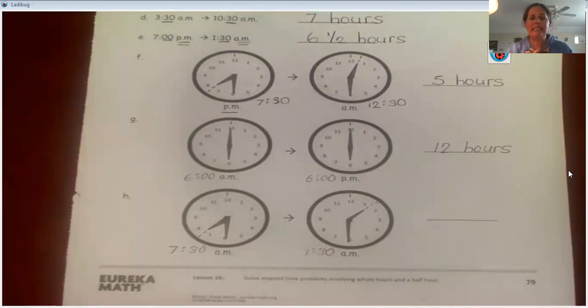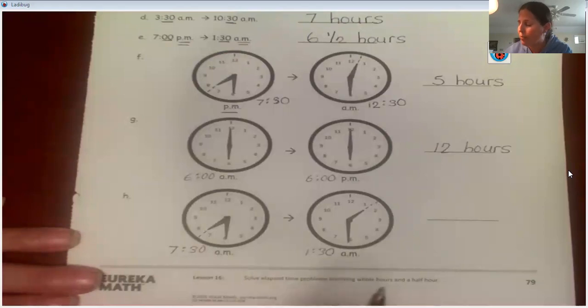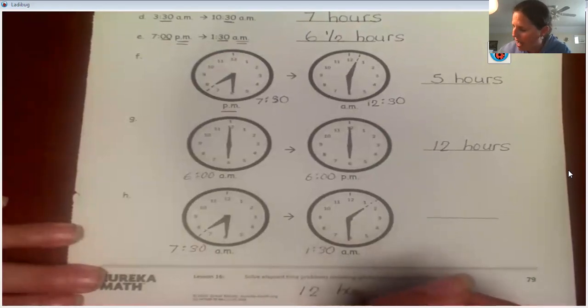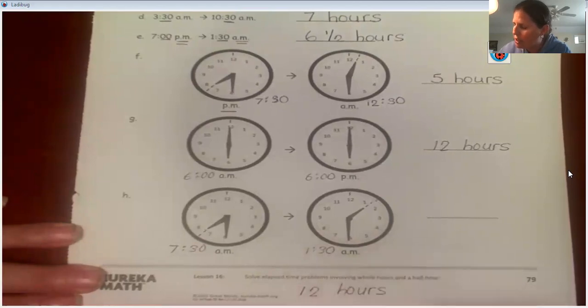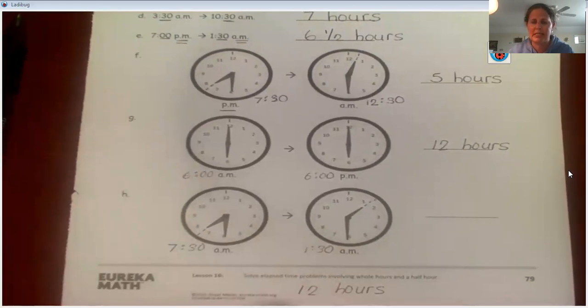So this is how I'm going to figure this out. I know to go from 7:30 a.m. to 7:30 p.m. is half a day or 12 hours. So now what I'm going to do is start at 7:30 p.m. and count how many more hours to get to 1:30 in the morning. And then I'm going to add those two numbers together.